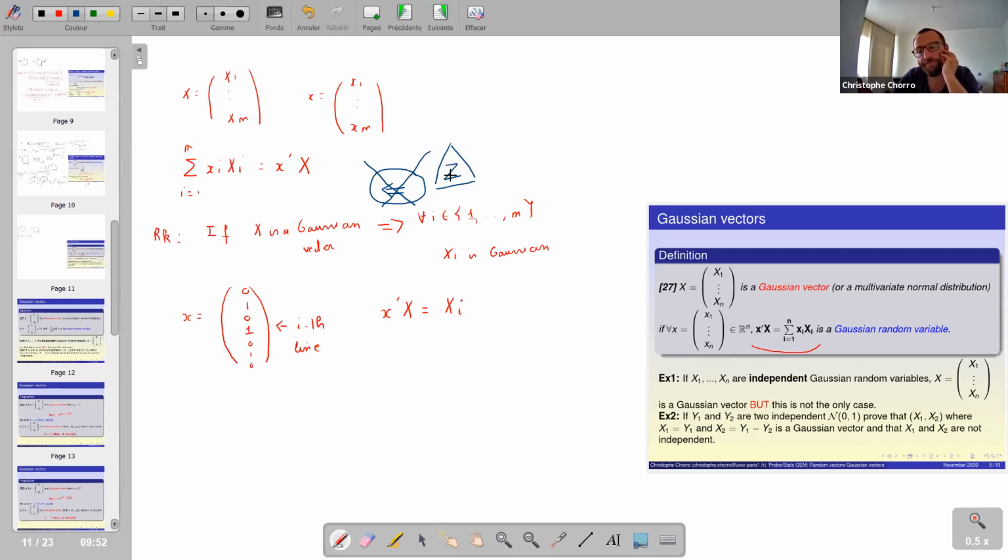We are going to see a counterexample of this implication later on. But don't think that a Gaussian vector is a vector with Gaussian components. It's a vector for which any linear combination of the components is Gaussian.